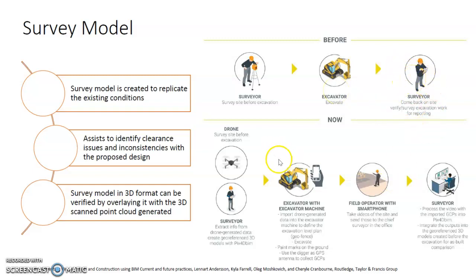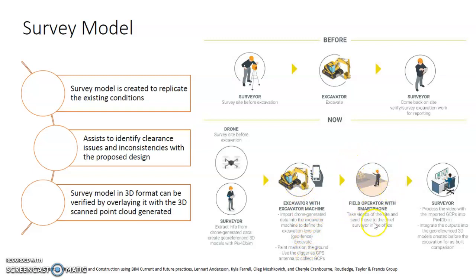But with VDC, you can make use of technologies, for example, drones. The surveyor extracts information from drone-generated data, and then imports the drone-generated data into the excavator machine to define the excavation level plan. Then the excavation machine can excavate, and so on and so forth.